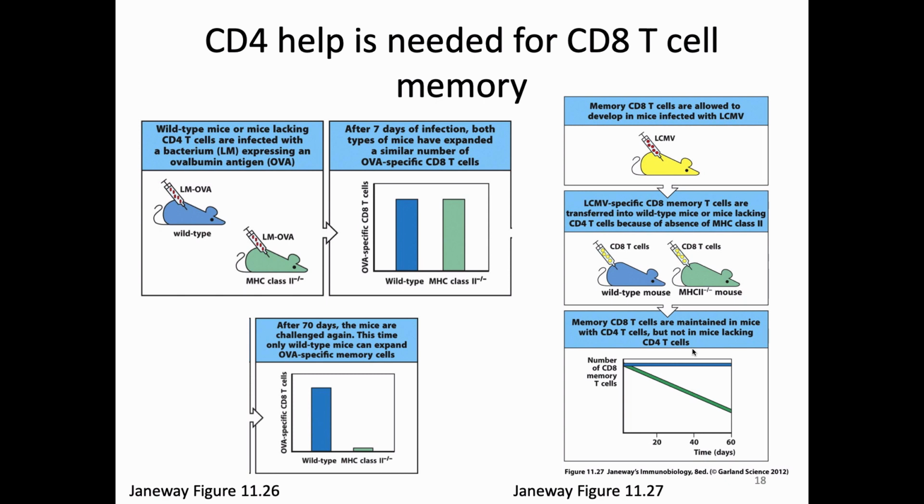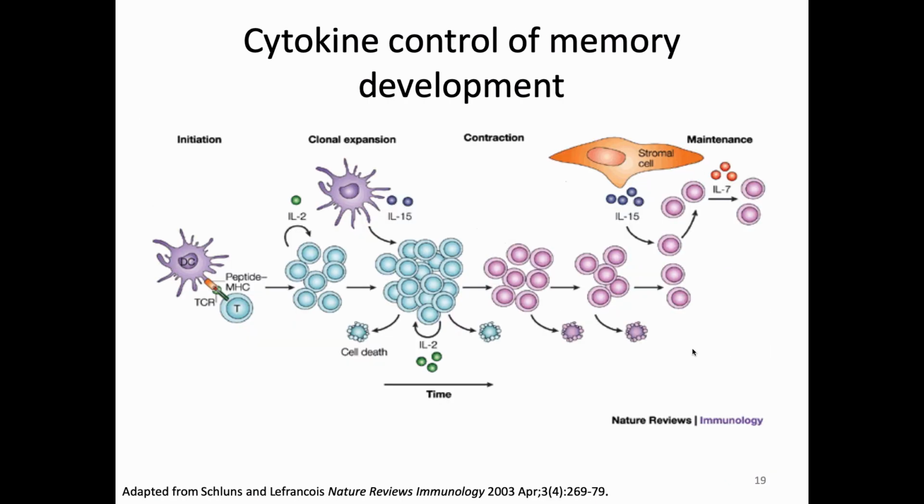One way that CD4 T cells might be involved in helping with CD8s is through cytokine production. In order to make, for example, a really good memory CD8 response, lots of different cytokines are needed to support those cells in becoming memory cells. You can see there are some cytokines like IL-2 that are really important in the effector phase.